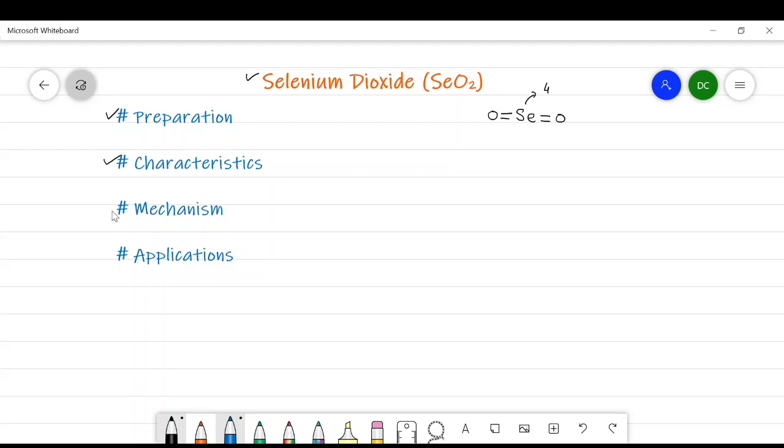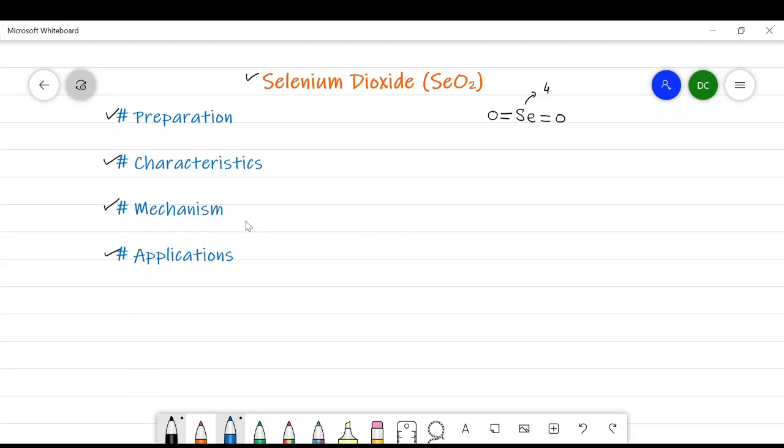Then how it works, that is the mechanism of selenium dioxide oxidation, and the application of selenium dioxide in organic synthesis. All these points we are going to discuss in this lecture.